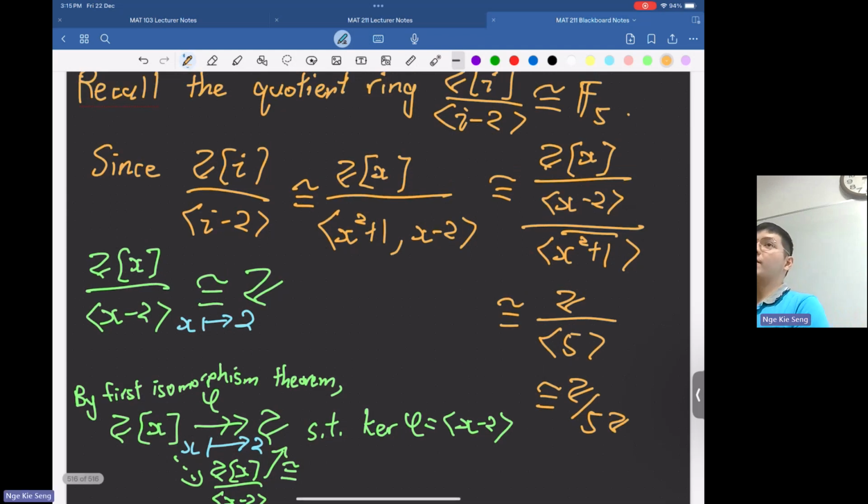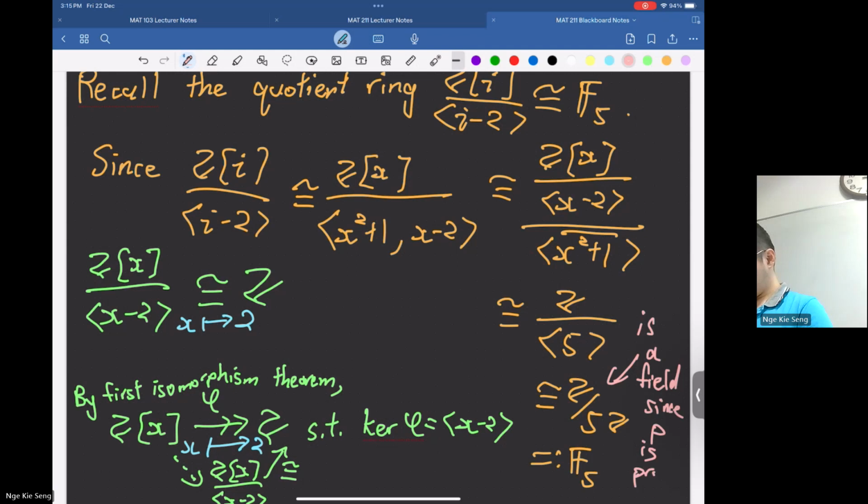Since 5 is a prime number, Z mod 5Z is a field. So that's why we call it F5. Z mod 5Z is a field since p is prime.